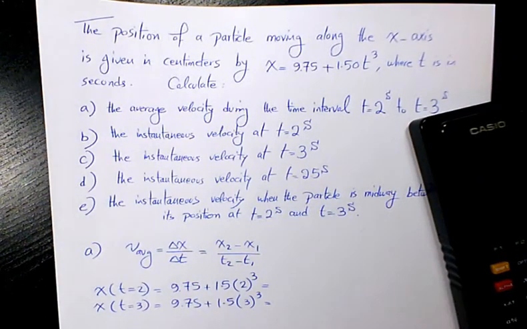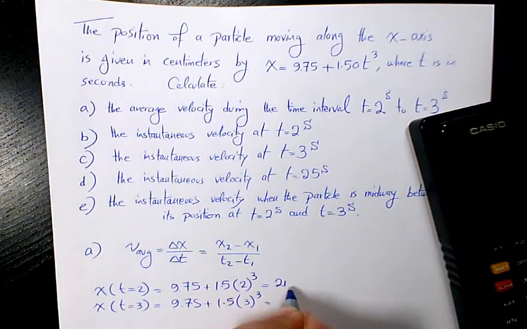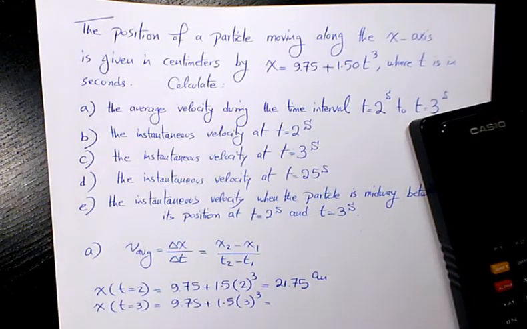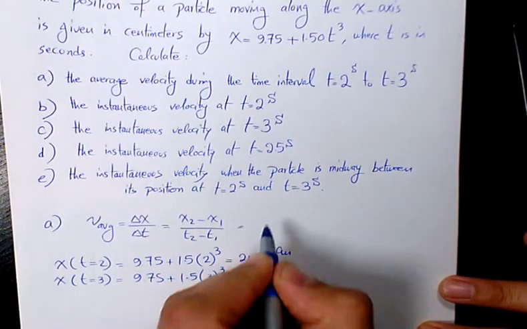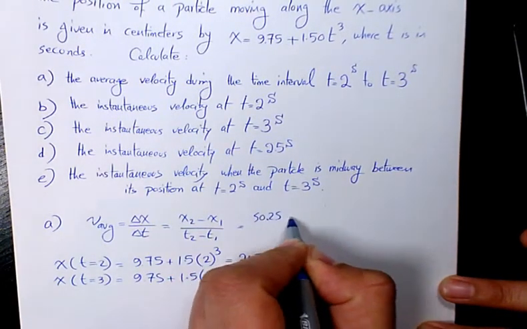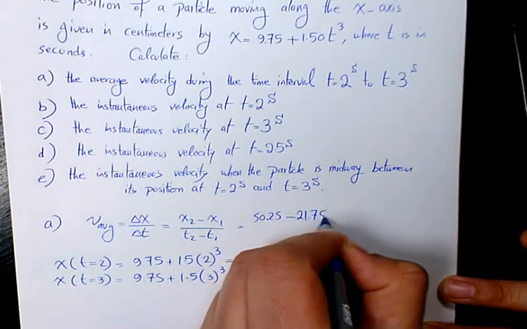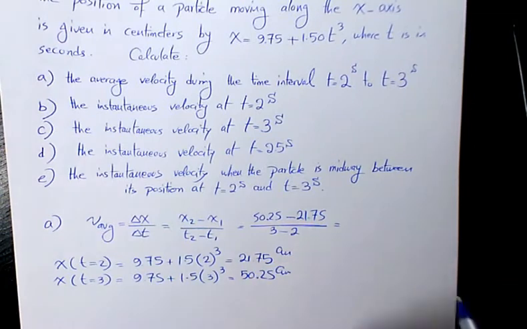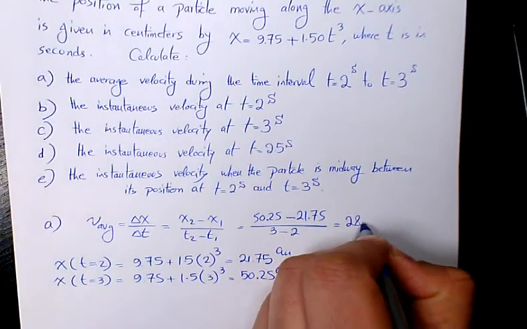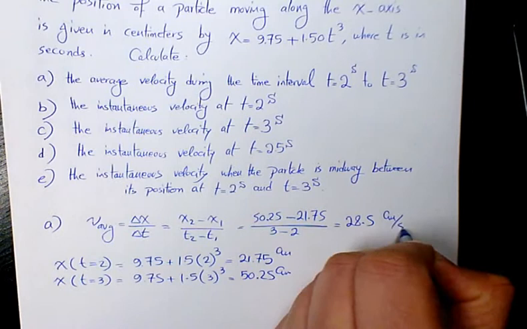That will be 21.75 centimeters, and 50.25 centimeters. So 50.25 minus 21.75, divided by 3 minus 2, makes it 28.5 centimeters per second.